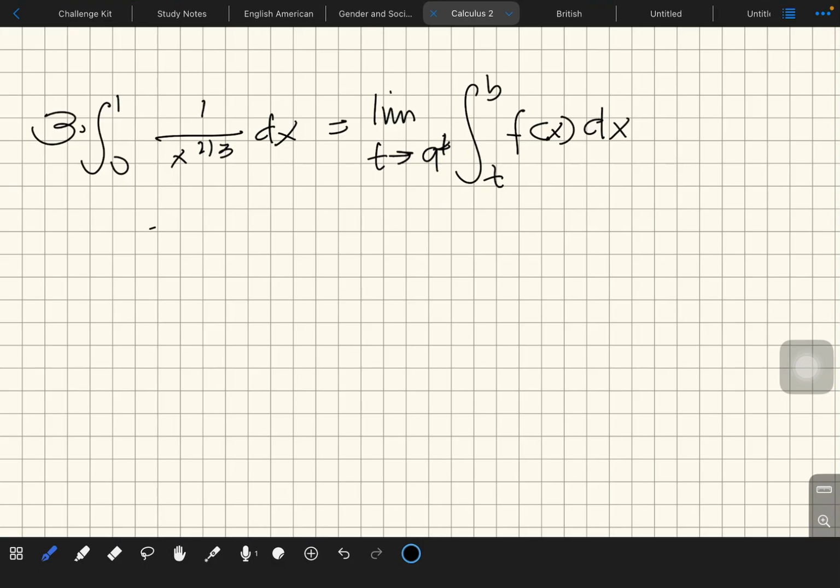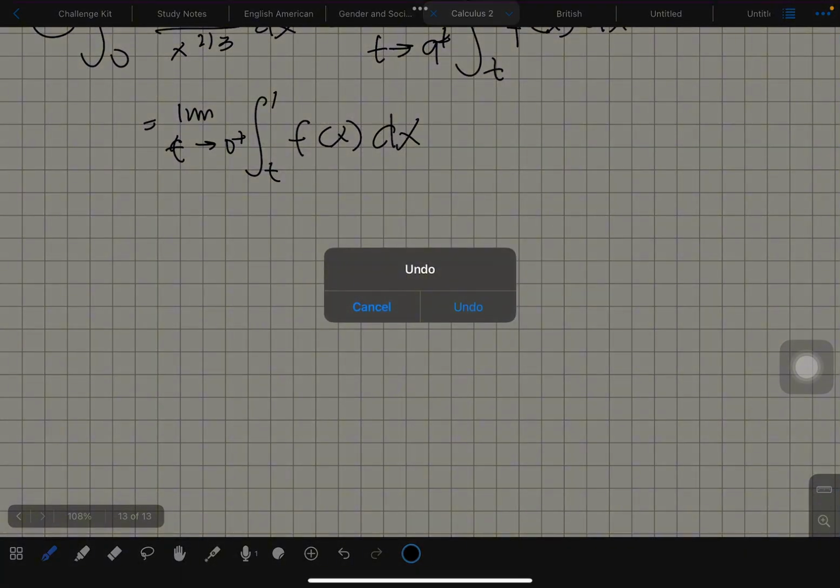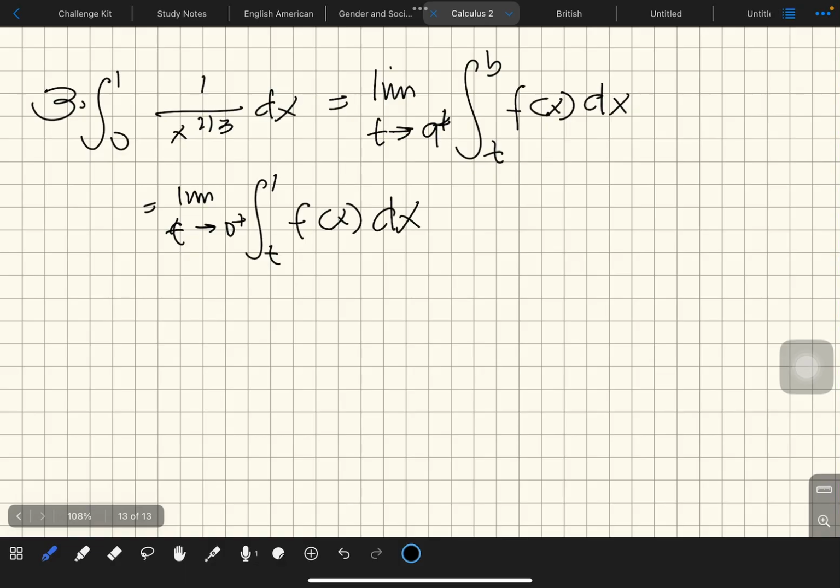So it will be equal to limit where t approaches 0 from the right, integral from t to 1 of f of x dx. Let's apply the equation: 1 over x raised to 2/3 dx.